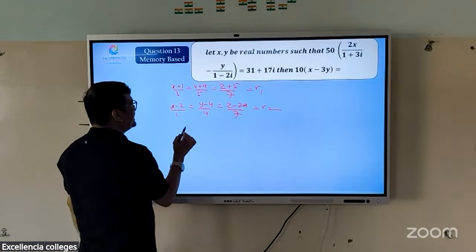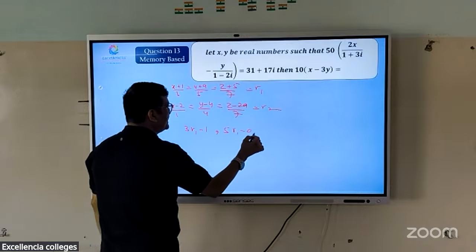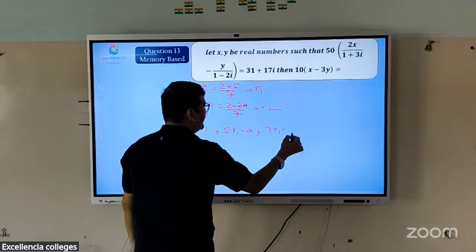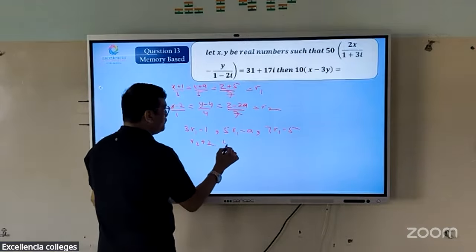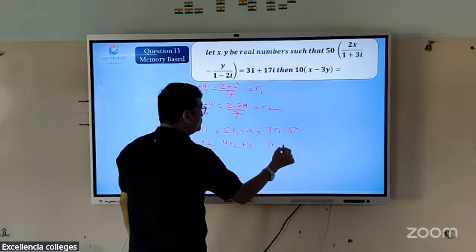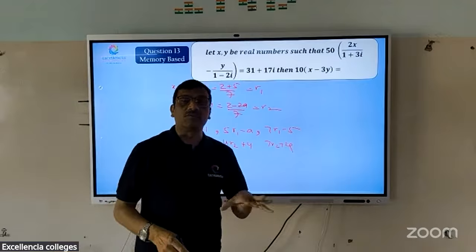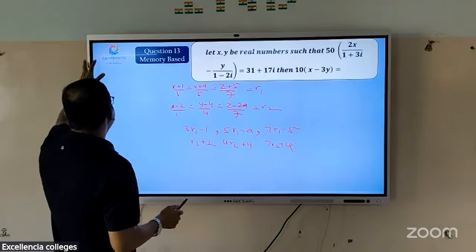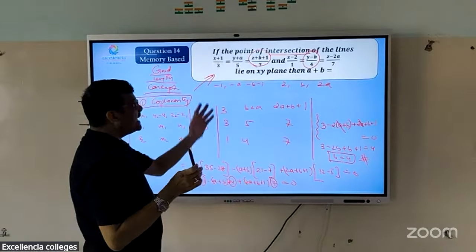So I can take this as 3R1 minus 1, 5R1 minus 8, 7R1 minus 5, equal to R2 plus 2, 4R2 plus 4, 7R2 plus 2. When I put it, I get one more relation. Using that, I can find the value of a. That gave me the value.